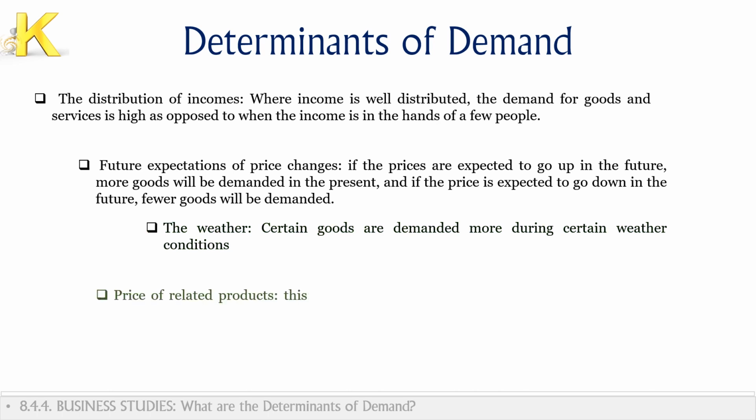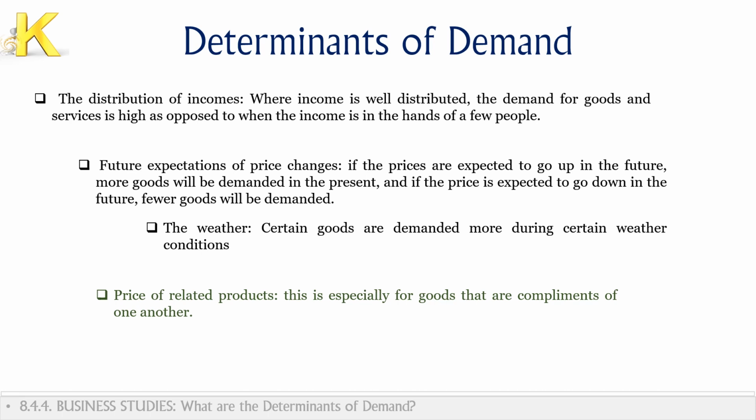Another factor is the price of related products. For example, substitutes, which are goods that satisfy a similar need or desire. An increase in the price of a good is likely to lead to an increase in demand for its substitute, while a decrease in the price of a good will decrease the demand for its substitute.